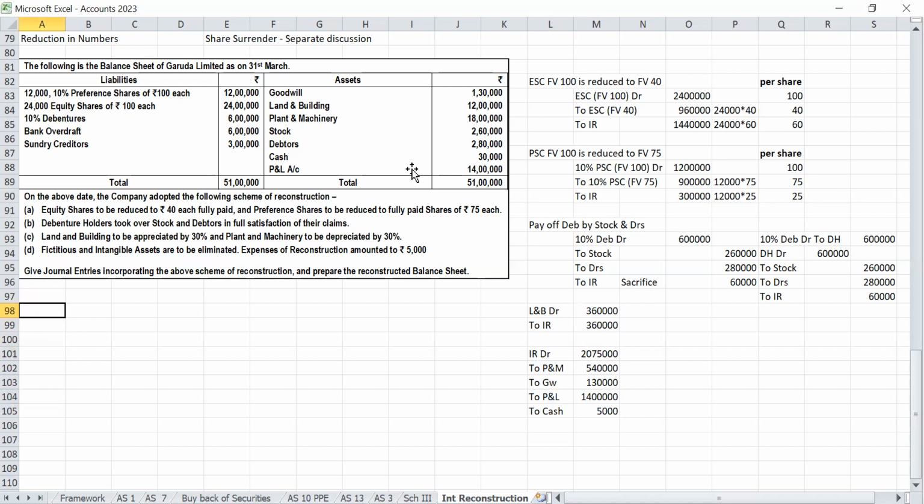Now next step. Internal reconstruction account. By equity share capital 14,40,000. By 10% preference share capital 3 lakhs. By 10% debentures 60,000.